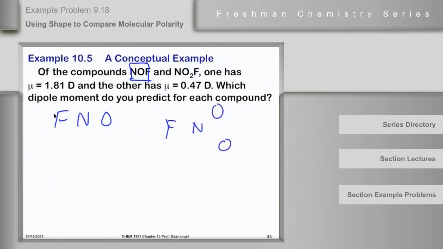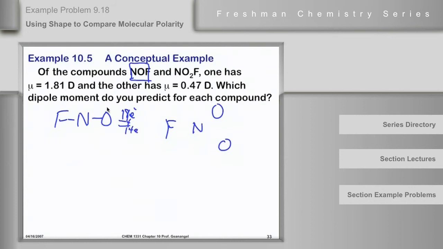If we count the electrons, we have 7 and 5 and 6, and that's 18 electrons, right? So if we put single bonds here and here, that's 18 minus 4 is 14.